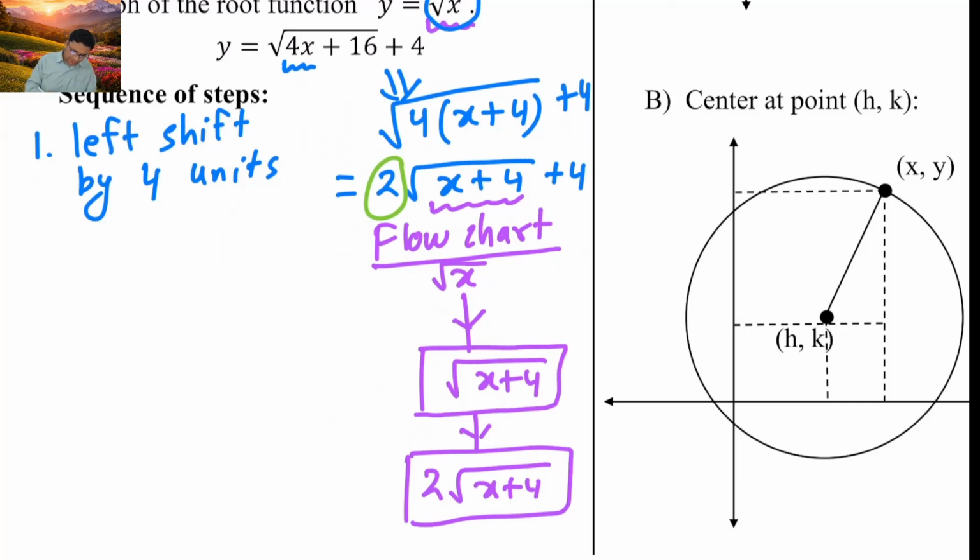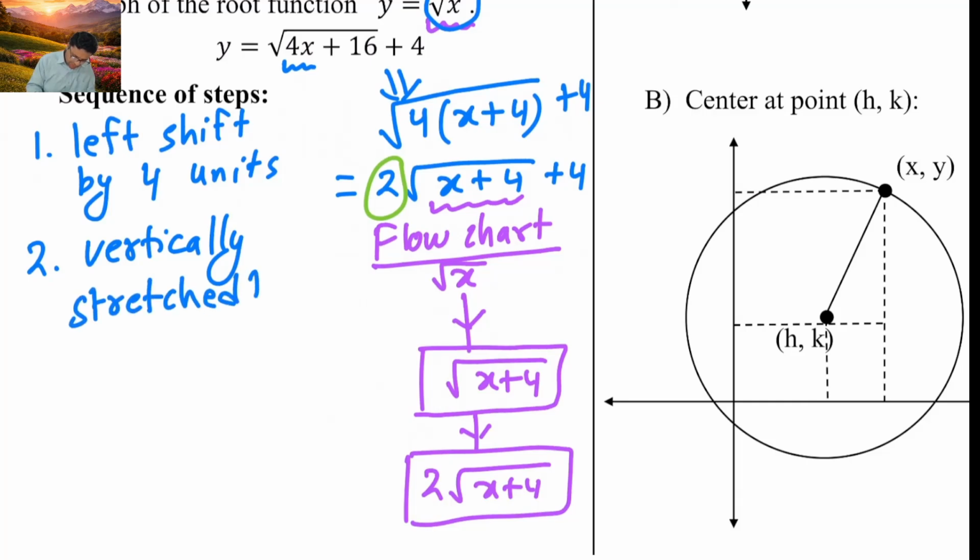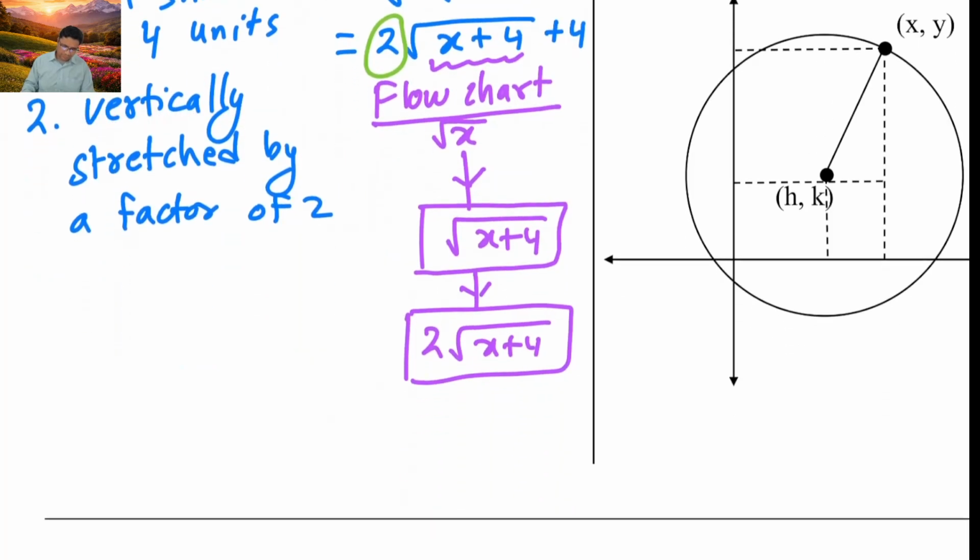So multiplying by 2 like that, the step is vertical stretch by a factor of 2.